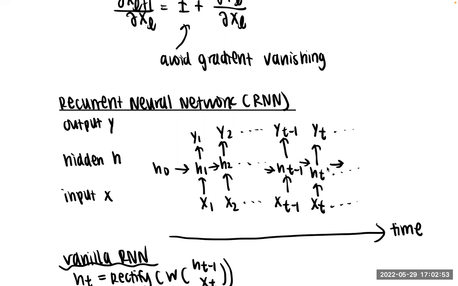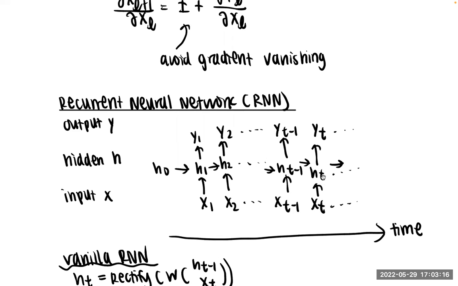Therefore, h_t absorbs information not only from x_t, but also from x_{t-1}, and moreover from x_{t-2}, because x_{t-2} inputs to h_{t-2}, and h_{t-2} inputs to h_{t-1}, which in turn inputs to h_t.